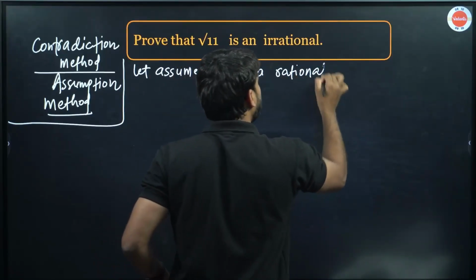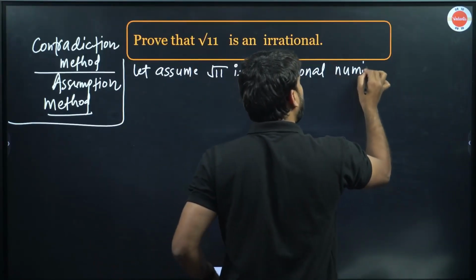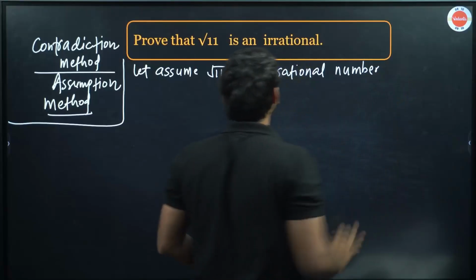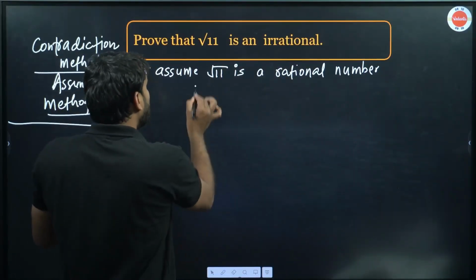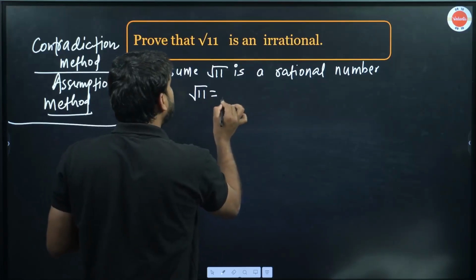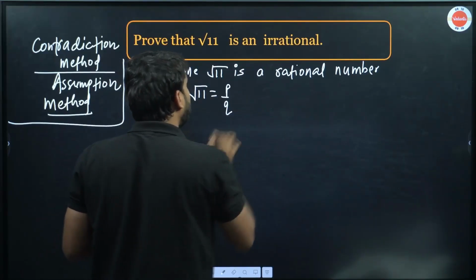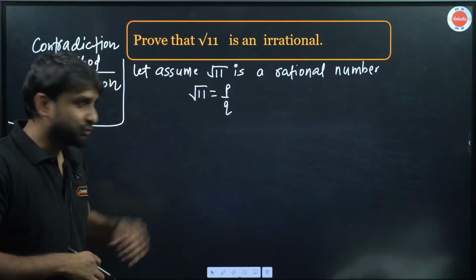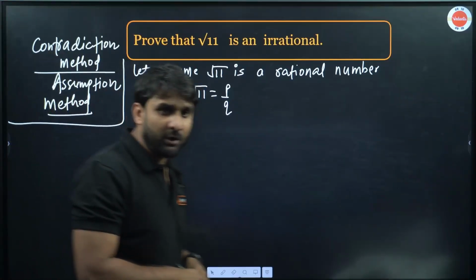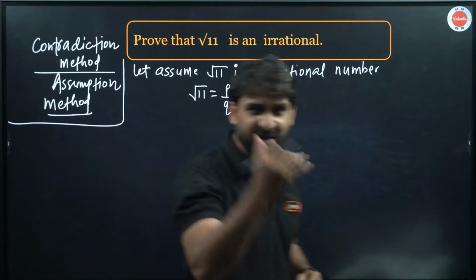Just imagine you have assumed root 11 is a rational number. It implies that root 11 can be written as what? P by Q. Because if root 11 is a rational number, the format must be P by Q form. Root 11 can be represented as P by Q.